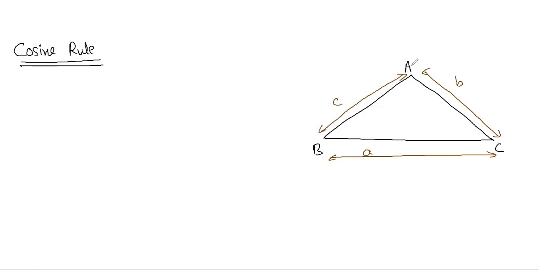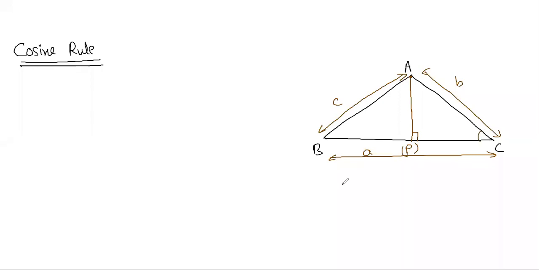Okay. Now suppose if I drop a perpendicular from A to this side BC, then I can call this line as AP. Okay. Now, what is BP equal to? What is AP equal to? Can you write AP in terms of this angle capital C?